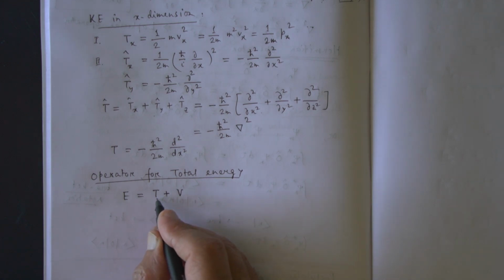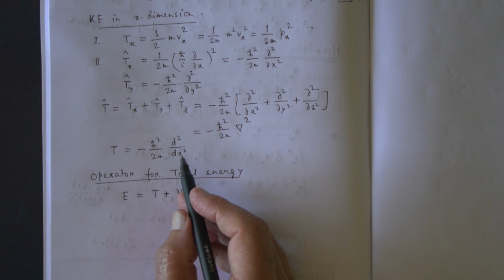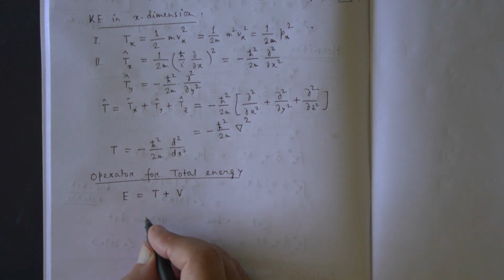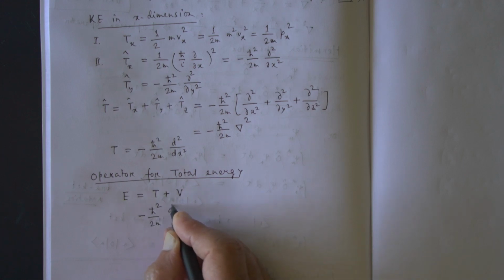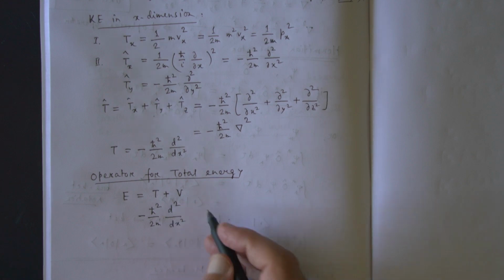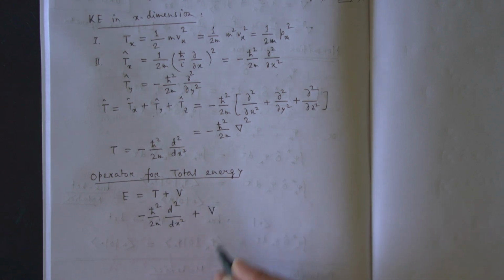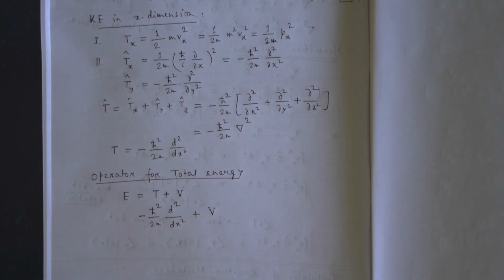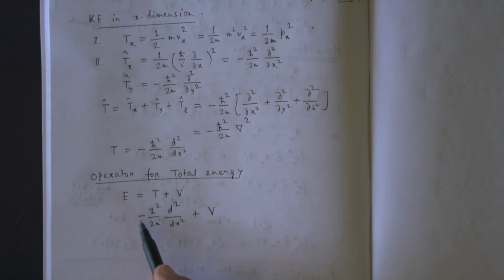If we consider only one dimension, it will be minus h bar square by 2m d2 dx square, the operator for kinetic energy, plus potential energy, which I write as V. So this is the operator for total energy in the x dimension.